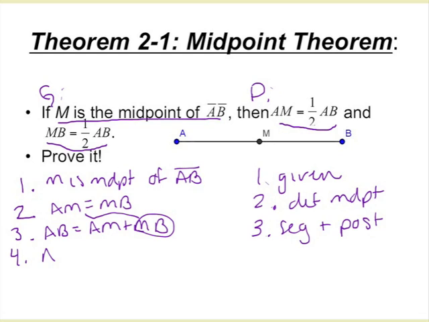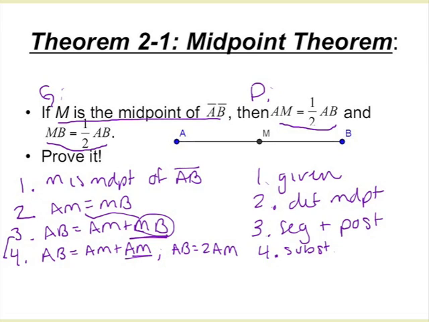So I'm going to rewrite step 3, but saying AB is AM plus AM, or I could say that AB is then 2 AMs. Our reason here, we have to think about what we did. We rewrote step 3, except we swapped out the MB for the AM. And when we switch something out, that is our substitution property.